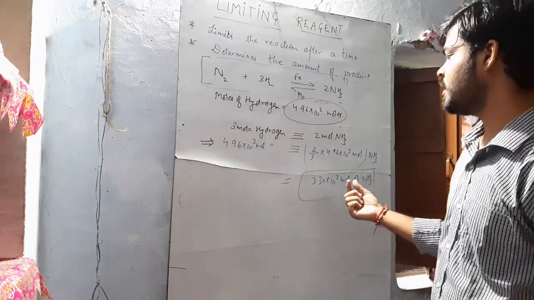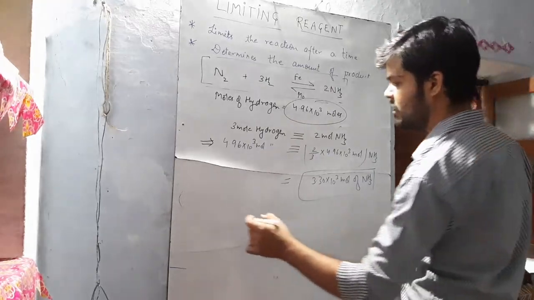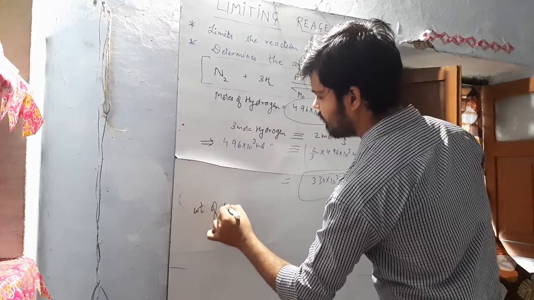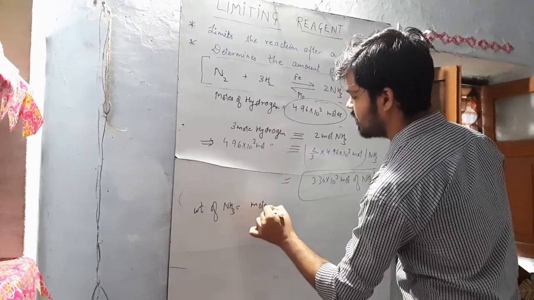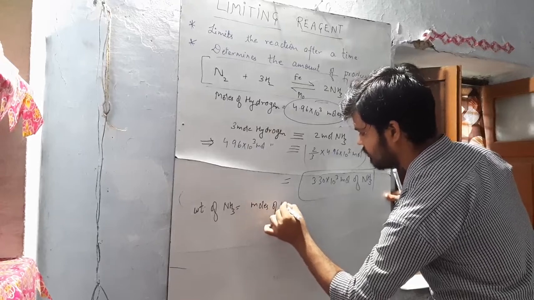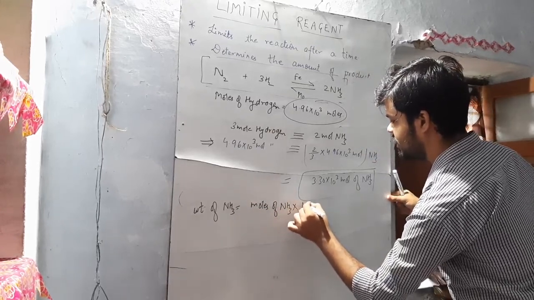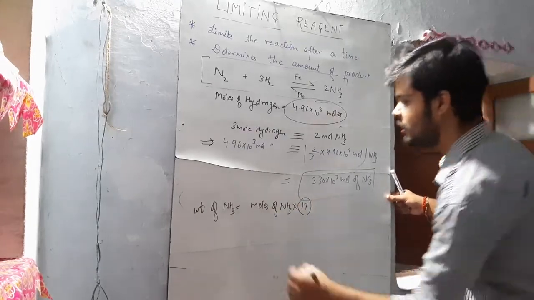On converting it into the weight, we can easily convert into the weight. The weight of ammonia will be moles of ammonia multiplied by 17. The 17 here is the molar weight of ammonia. Clear?